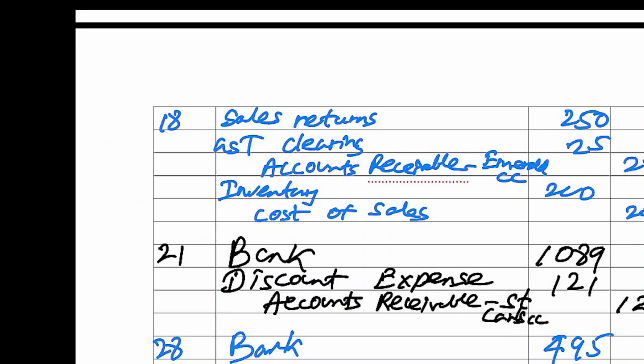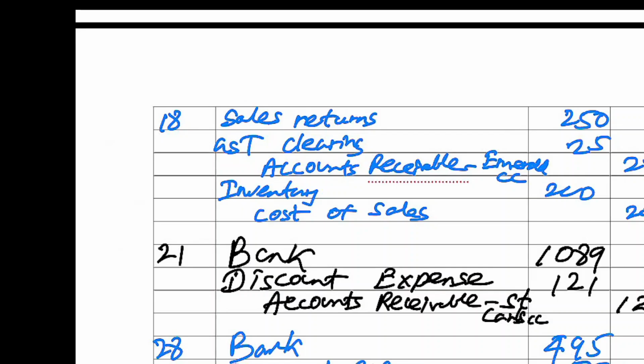Then again you debit discount. What is it, guys? Discount is an expense, debit expense, or credit? Debit. This time debit. Discount expense, debit 55. Where do we credit?